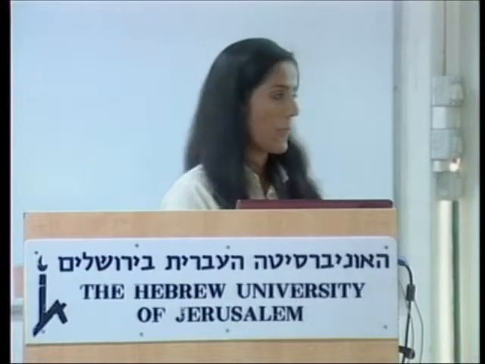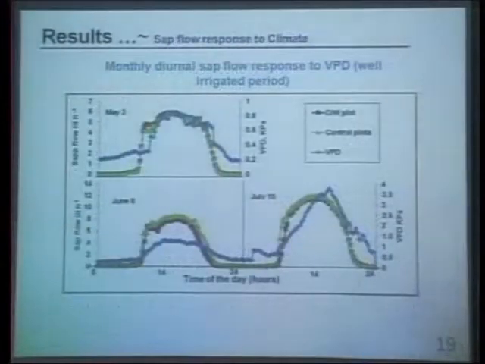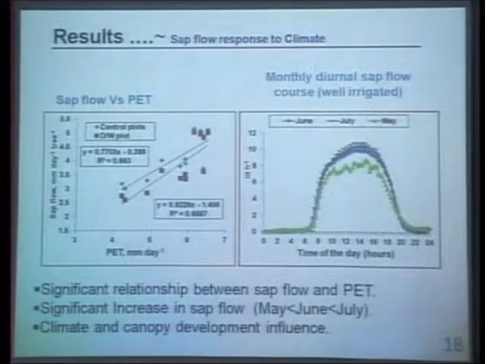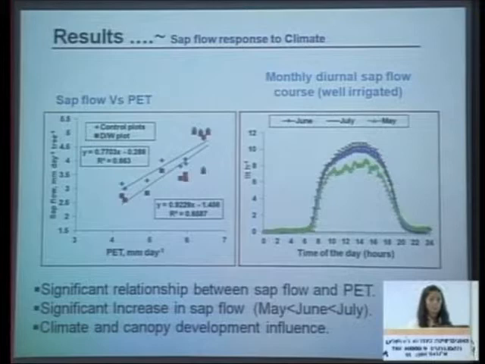No, it means 66% of the climatic demand is fulfilled by the sap flow. Are you referring to R square? The R square tells you the variability that is explained. Here I got 94, here you get 65. It means climatic demand totally can't be fulfilled by the sap flow. No, that is not what I'm telling you. It's telling you the variability explained by that formula, by that model.